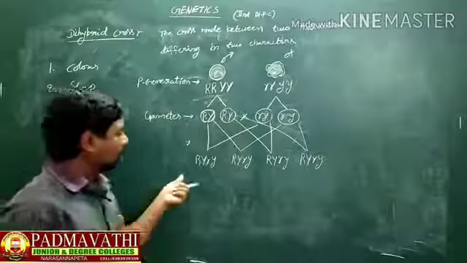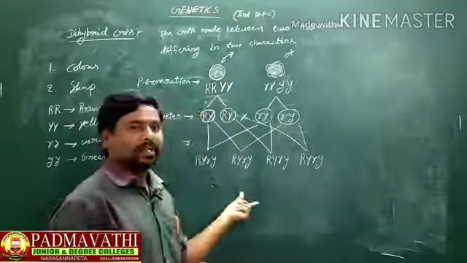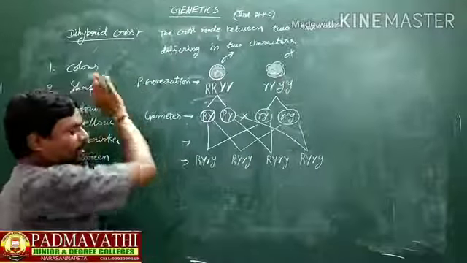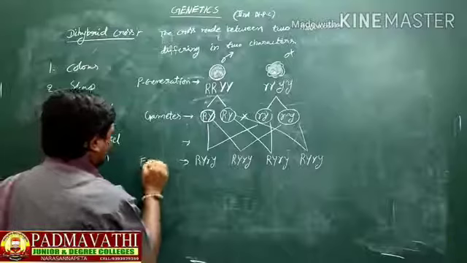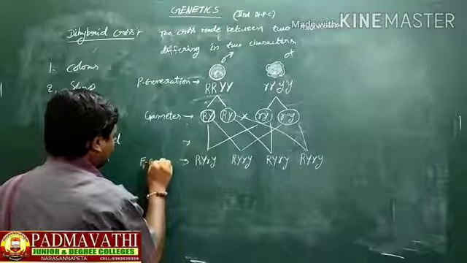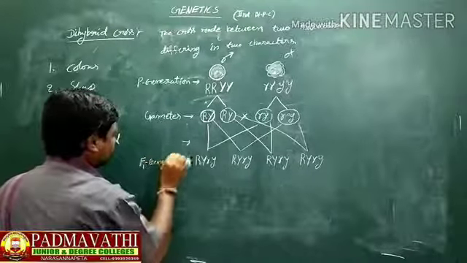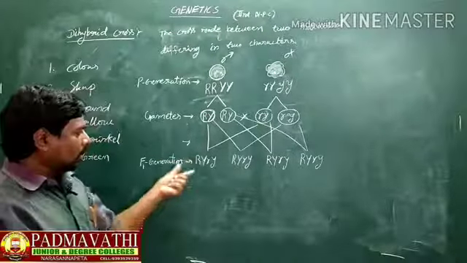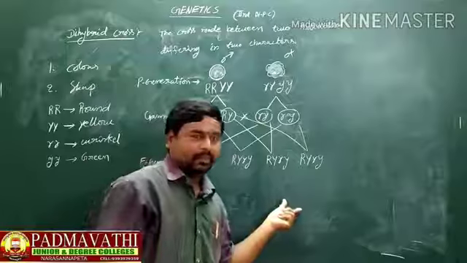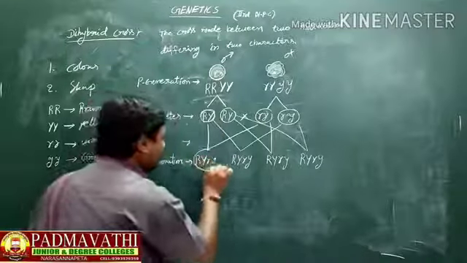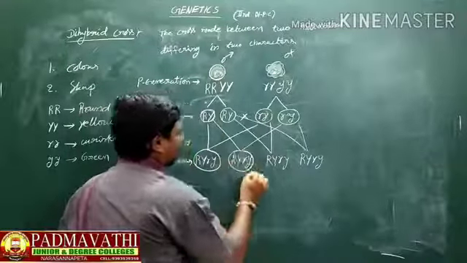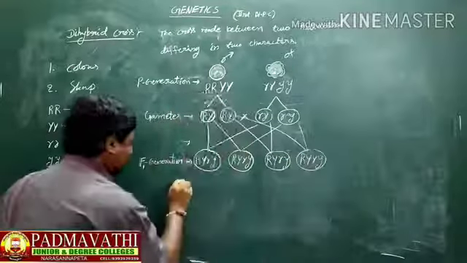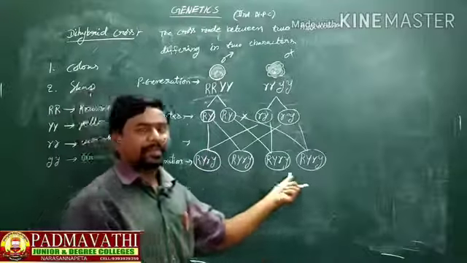So, 4 plants are produced in the F1 generation, the F1 progeny generation in Mendel's dihybrid cross. In the F1 generation, 4 round yellow seeds are present.